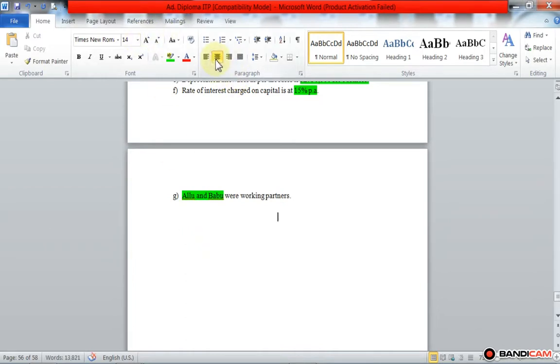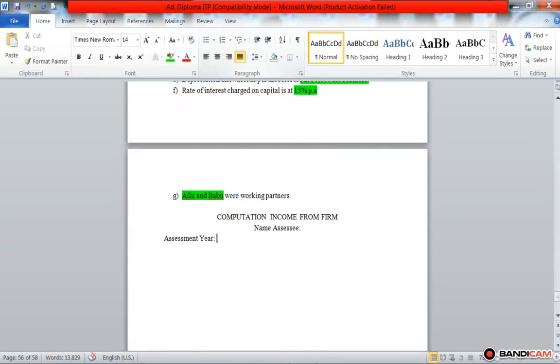So here, income from firm, name of assessee. Okay, no name of assessee is not given. Then assessment year.